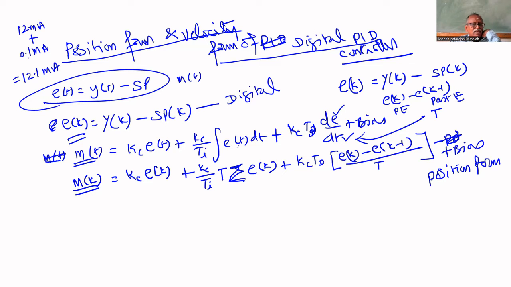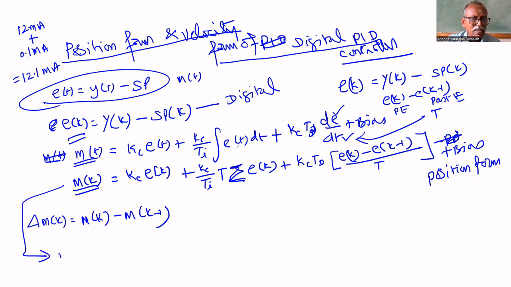Like that, we are going to find delta M of k. To find delta M of k, we have to find M of k minus 1, since M of k is available. Delta M of k equal to M of k minus M of k minus 1. So what is M of k minus 1?